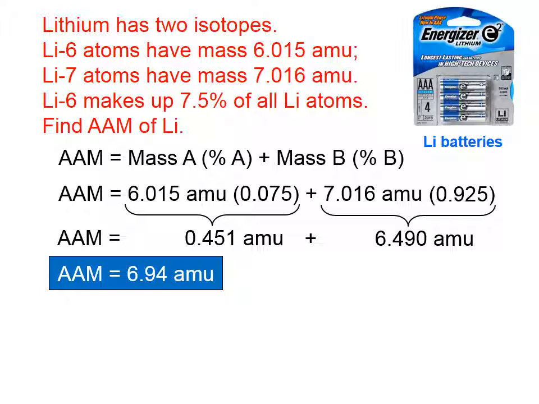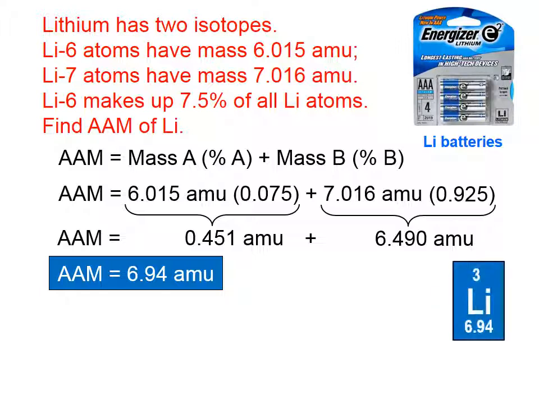Because if you're a lithium atom, you are either possessing this mass, 6.015 AMUs, or you have this mass, 7.016 AMUs.